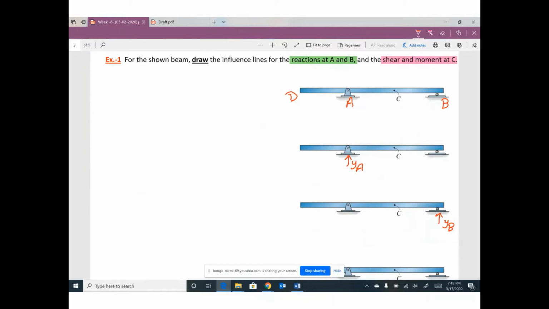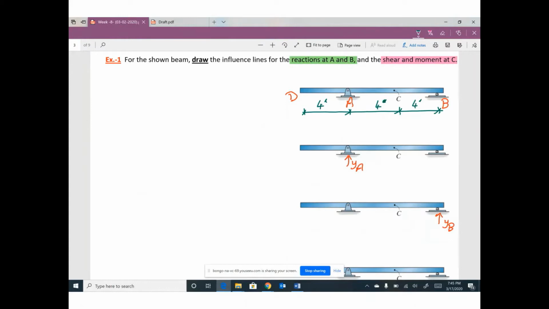Push your support up by 1, any other support, keep it, and draw the new shape of the beam. Before this, I would like to assume these dimensions. This distance, 4 feet, 4 feet, 4 feet.